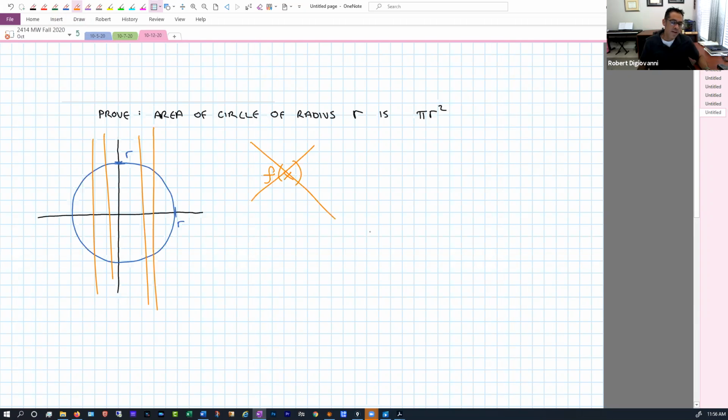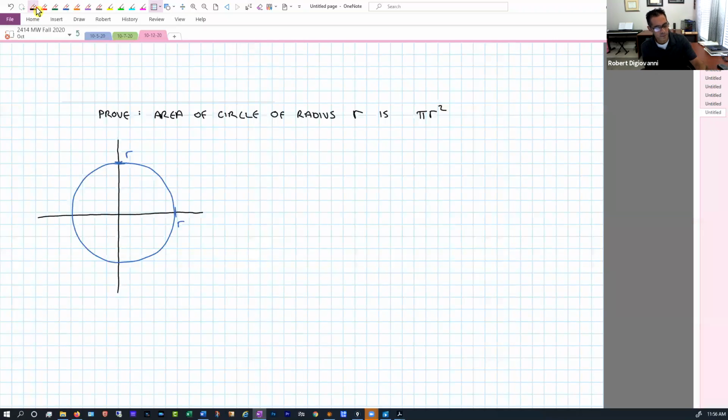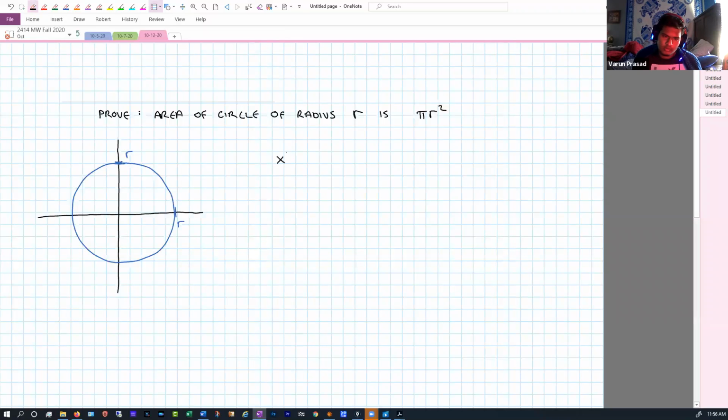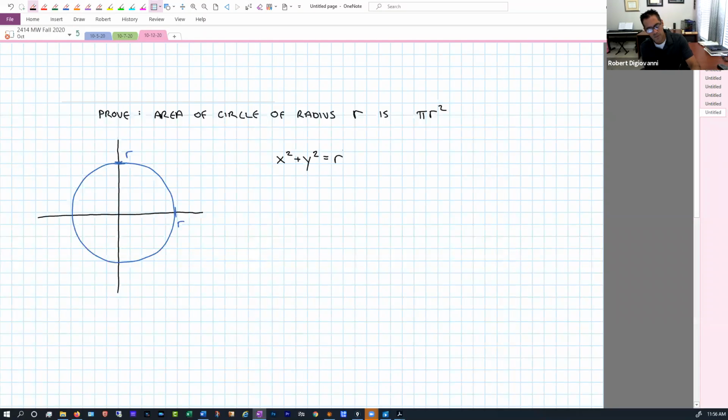But there is an equation for circles, right? We do have an equation that we learned somewhere, college algebra or pre-cal, that gives us the equation of a circle. Does anyone remember the equation of a circle? X squared plus y squared equals r squared. Good. X squared plus y squared equals r squared. That's the equation of a circle.